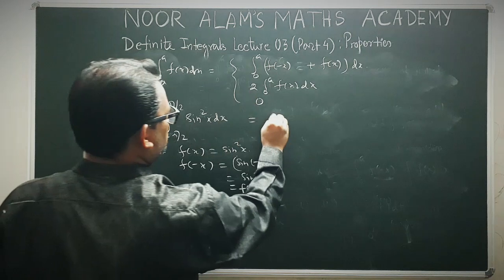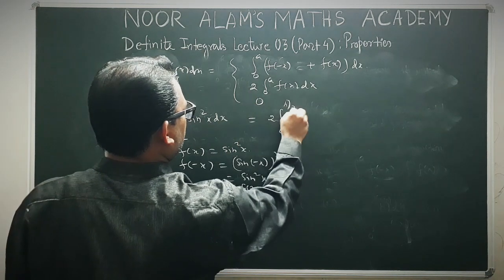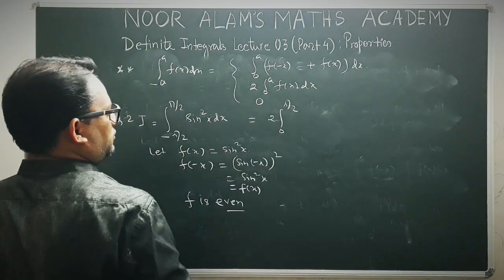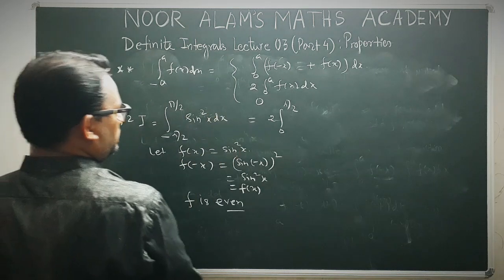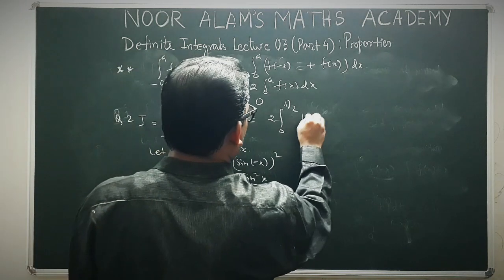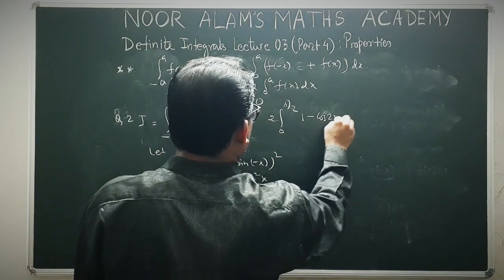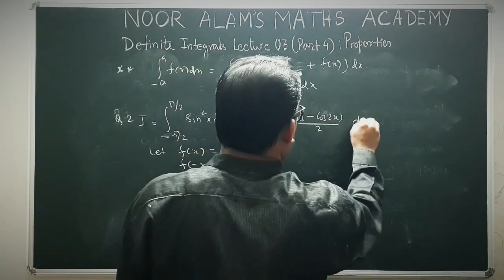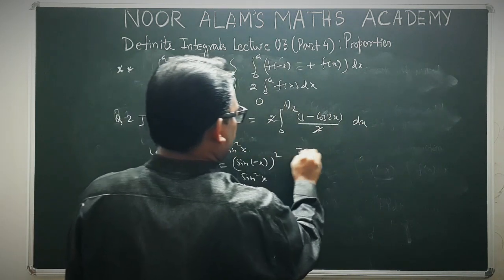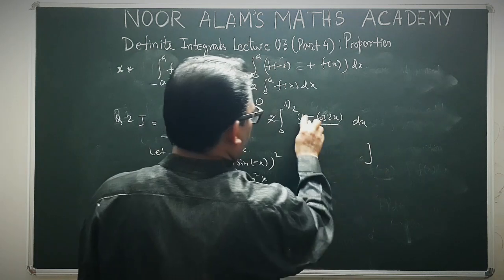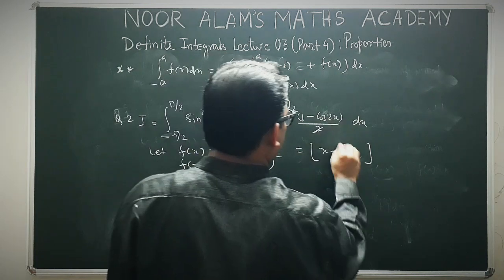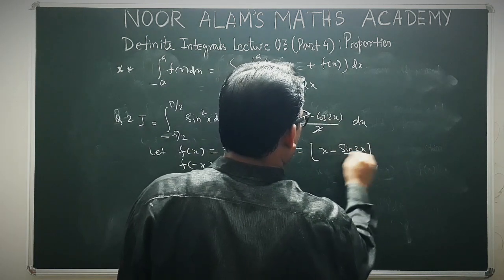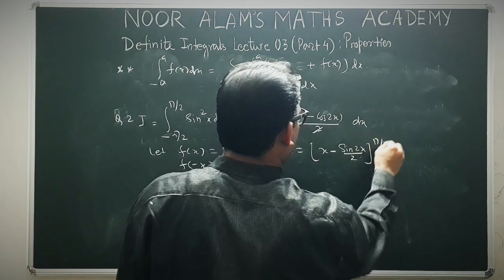So it can be written as 2 times the integral from 0 to pi by 2. And you know that we cannot integrate sine square directly, we have to convert it into multiple angles. So it will be (1 minus cos 2x) by 2 dx. Now these two cancel out. When you integrate, for 1 you get x, for cos 2x you get sine 2x by 2, with limits from 0 to pi by 2.